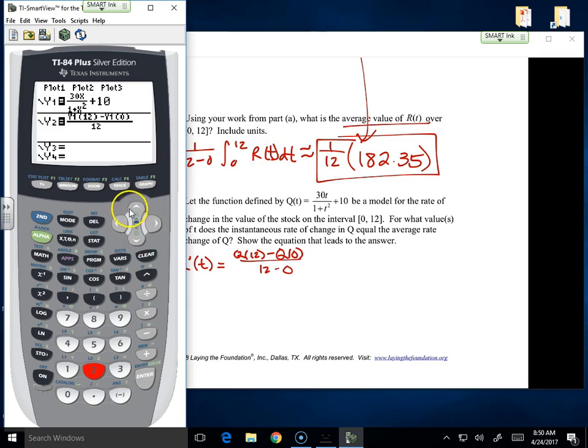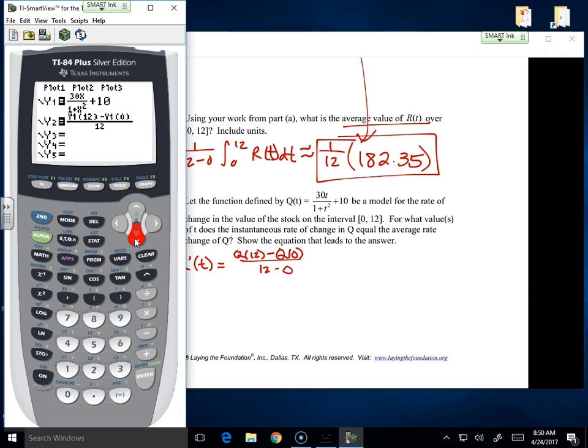Okay, so we have that ready to go. And I need to graph that. Here's the deal. We need to set the derivative equal to this number. I have the number in my grapher, but I don't want to set the original, I want to set the derivative. So don't I need to find the derivative? Yes. Can my calculator find a general derivative?